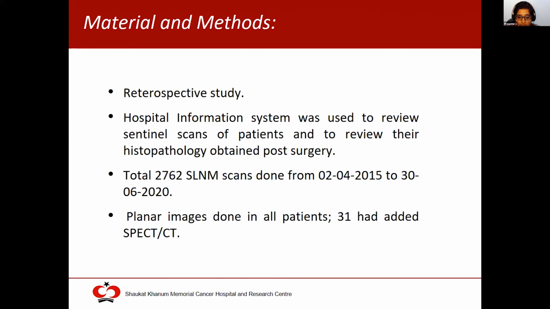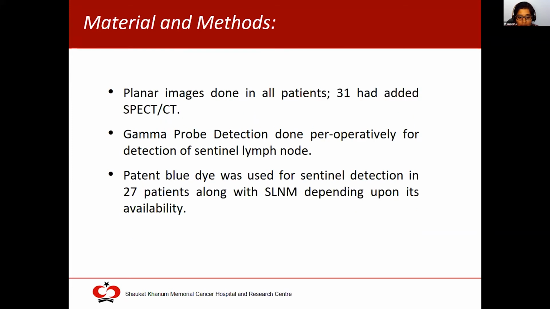A total of 2,762 sentinel lymph node scans were done from April 2015 to June 2022. Planar imaging was done in all of these patients. In 55 of these scans, the sentinel lymph node was not visualized initially. In all of these scans, planar imaging was done, and then 31 patients had added SPECT CT.